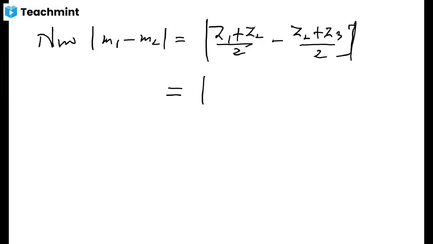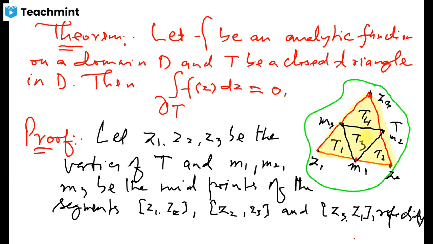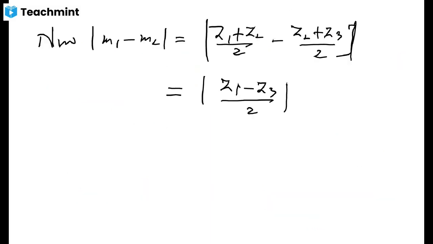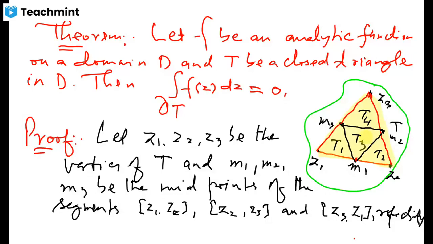You get (Z1 minus Z3) over 2. That means the modulus of M1 minus M2 is the length of this side of the inner triangle, inscribed inside the bigger triangle by joining the midpoints, and this length is half the length of the corresponding side of the bigger triangle, because these are midpoints.